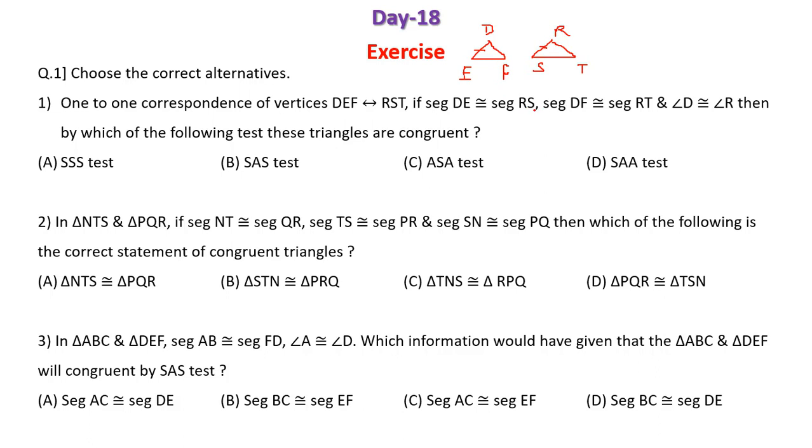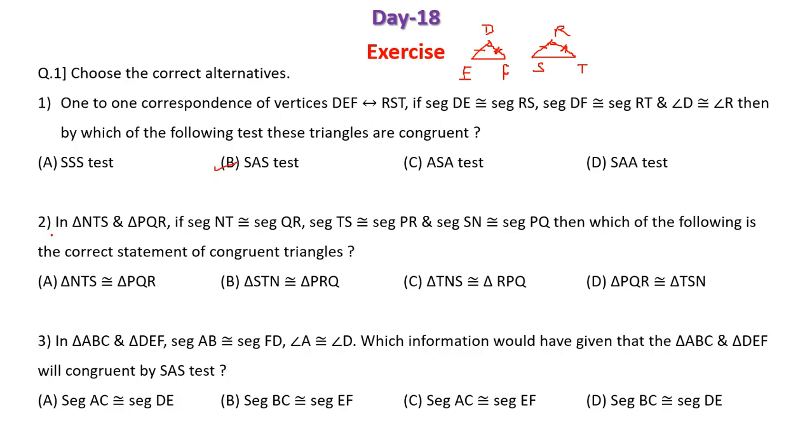Then DF congruent RT. We indicate with a different sign, and angle D is congruent to angle R. So the triangles are congruent by side angle side test. So which one? B1, side angle side test.